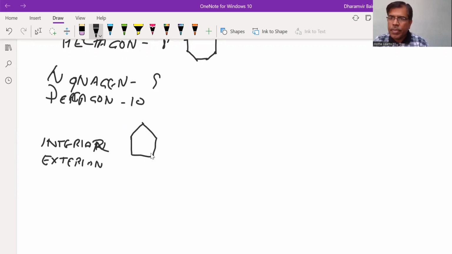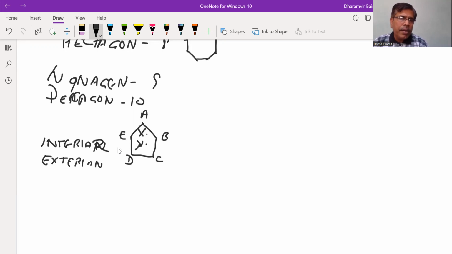This is a polygon, and this polygon has points A, B, C, D, and E. Then if points are inside, like this is X, this is Y, then X, Y are in the interior of the polygon.